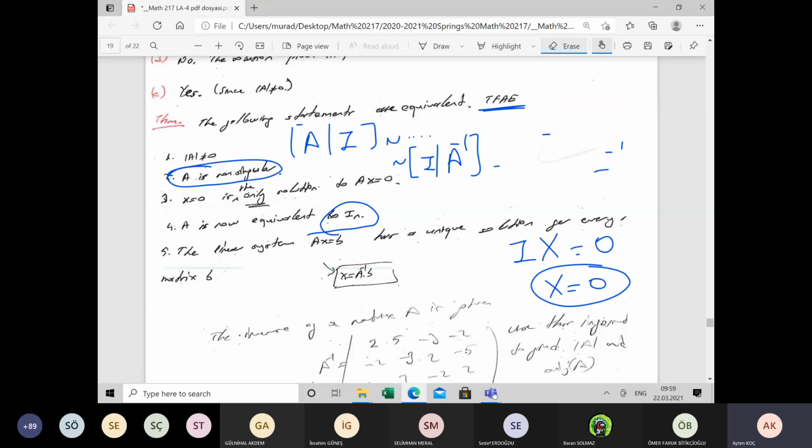So what can you say about the linear system, not homogeneous? Take the system AX = B. It has a unique solution for every matrix B. What is the reason?